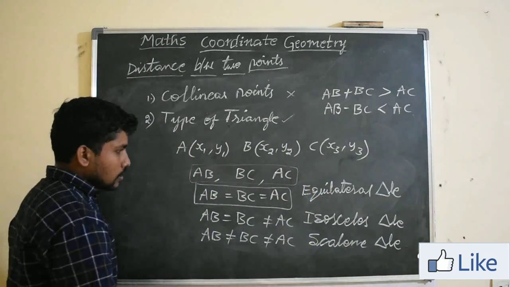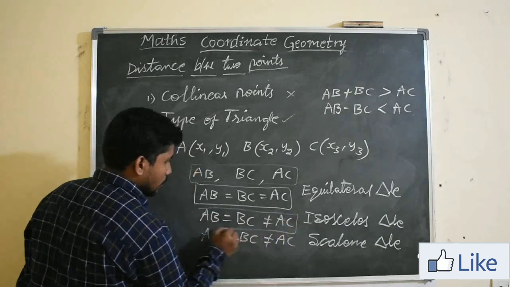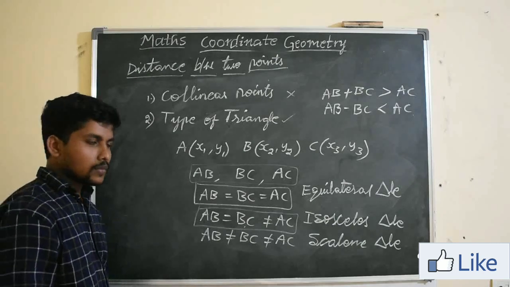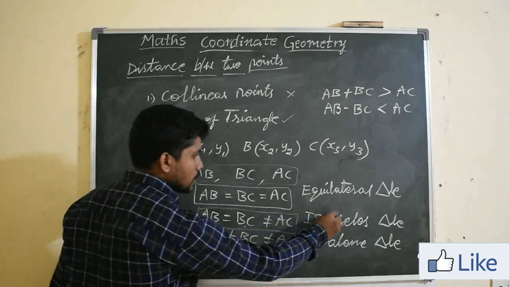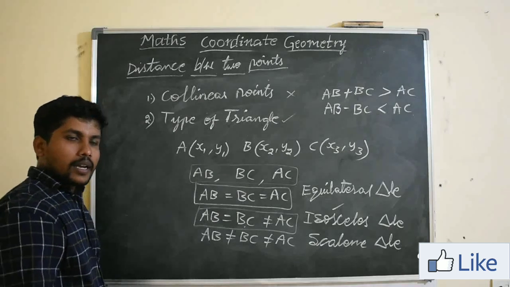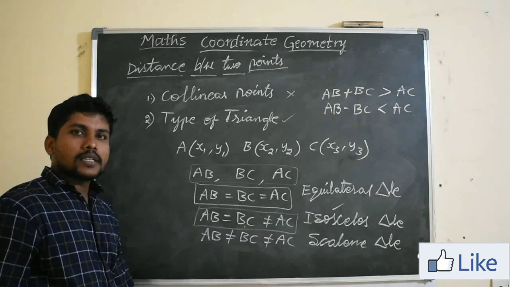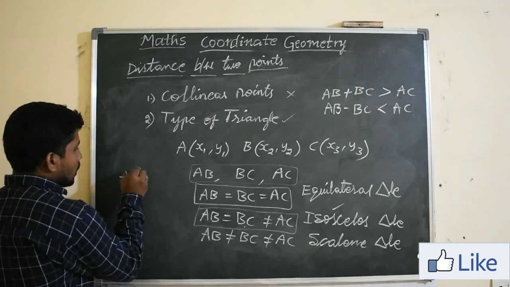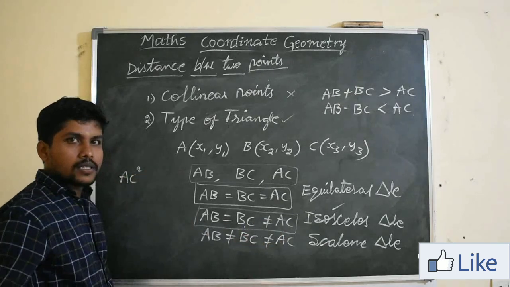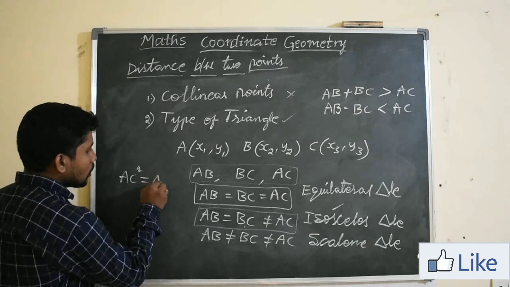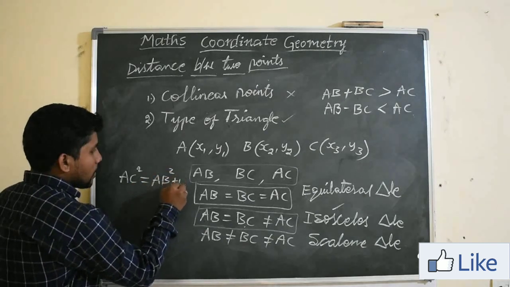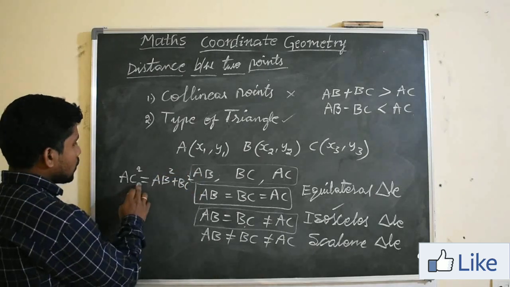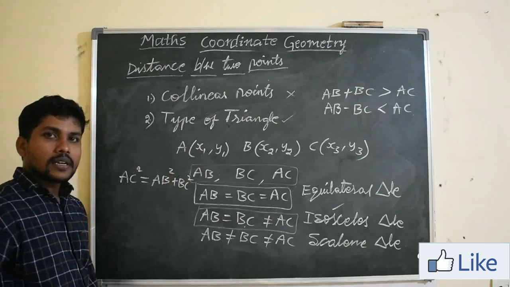If all three sides of the triangle are different, it is called a scalene triangle. And one more condition we have: if two sides are equal, we say it is an isosceles triangle. And if it satisfies the Pythagoras condition, that is, the hypotenuse, the largest side, suppose AC is the largest side, then AC square is equal to AB square plus BC square.